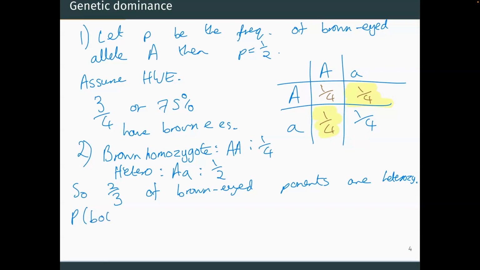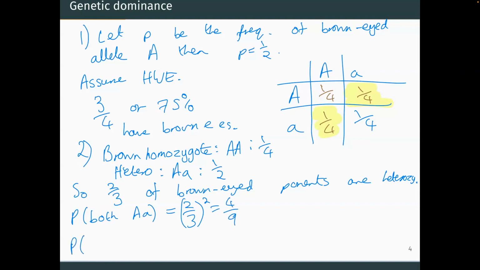So the probability that both of these are heterozygous is just going to be 2/3 squared, since 2/3 of brown-eyed individuals from whom we're choosing our parents are going to be heterozygous. So that's 4/9.